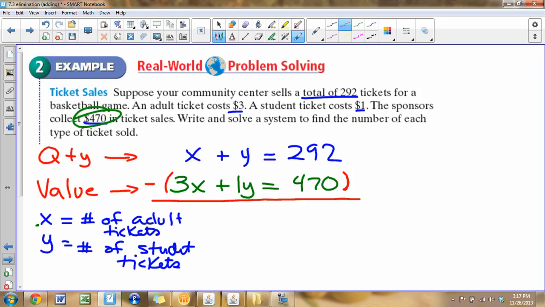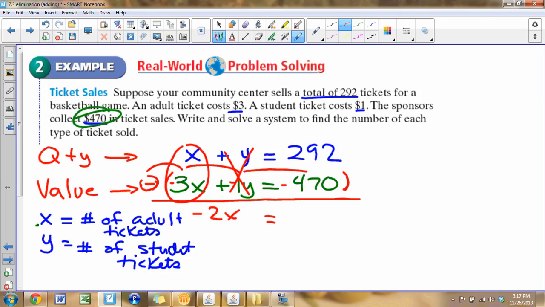And now I've got something that looks a lot like distributing. I'm going to have to distribute that negative to all of these, which just means that it's going to change all of them to a negative. So 3, and then when I add, then x minus 3x is negative 2x. And now these are going to cancel.